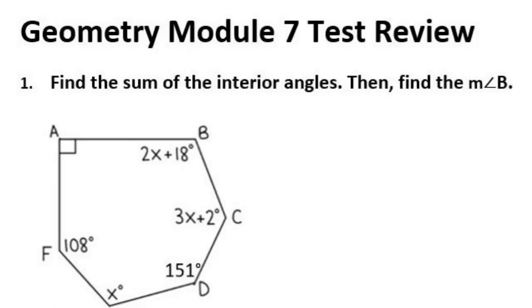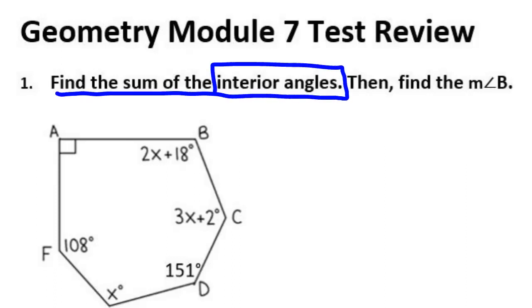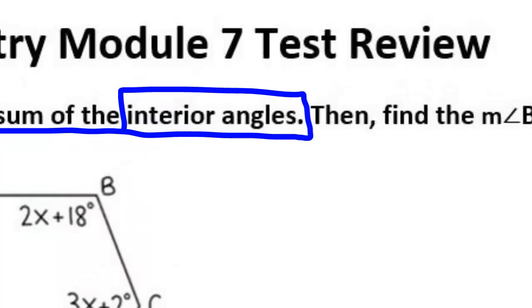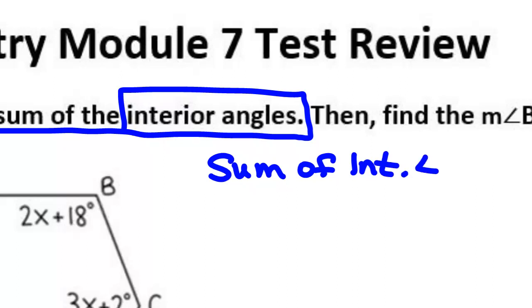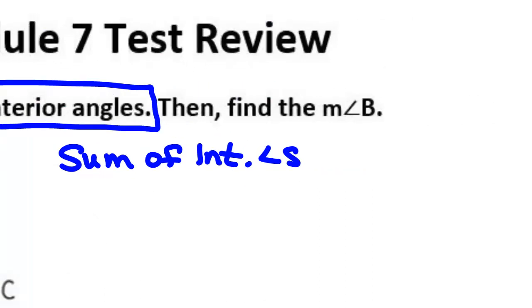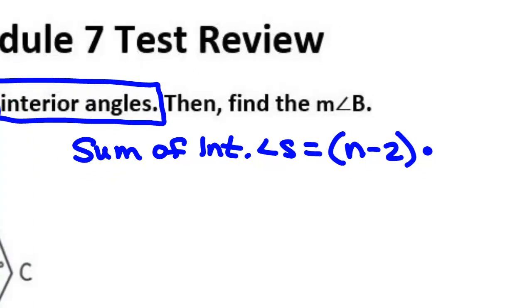Number 1, we're supposed to find the sum of the interior angles, and then we're going to use that to find the measurement of angle B. And in the process, we're going to have to find x. So for the sum of the interior angles, we do n minus 2, and we multiply that by 180. What does n represent here?